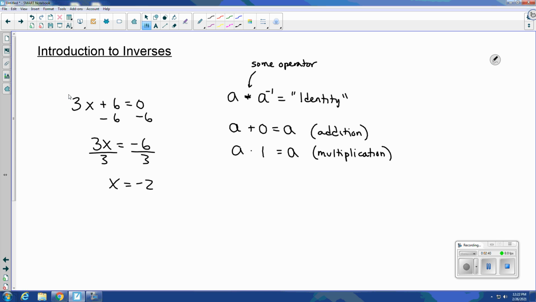Manipulating this, we know the inverse should reveal the identity. So if I move A to the other side and 0 to the right side, we know that A plus -A will get me the identity. So using this operator of addition, we can see that the inverse to A is -A. Manipulating the multiplication one.